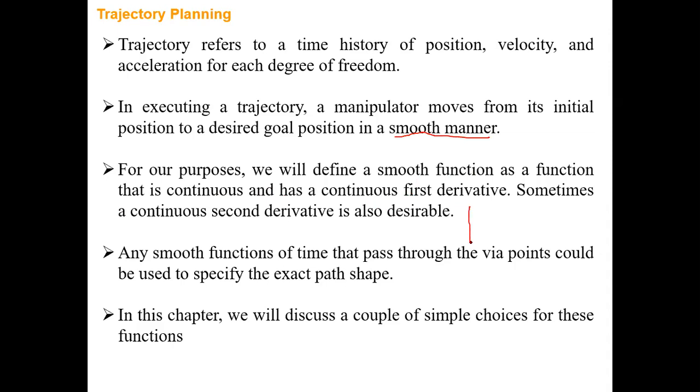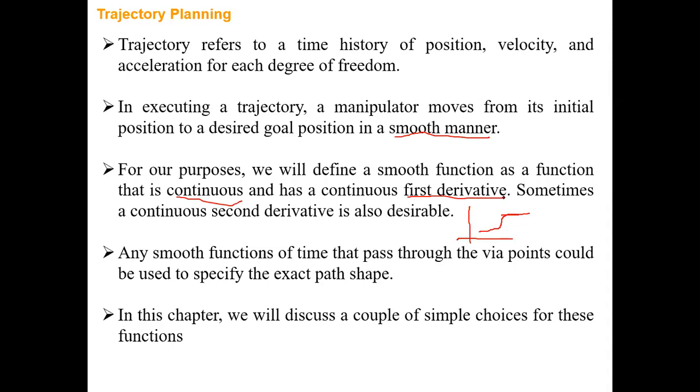Suppose you have a function like this. Then this function is not smooth because there is some discontinuity here. It has to be smooth. The function has to be continuous. Not only the function, the derivative of the function should also be continuous.